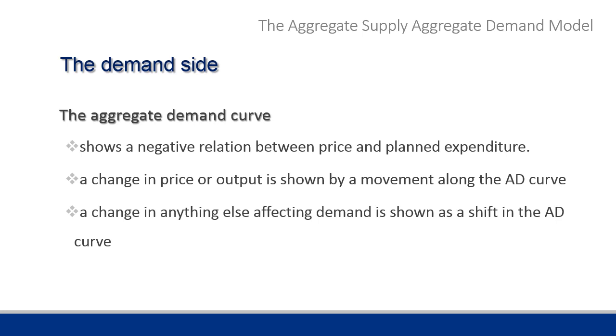It shows a negative relationship between price and planned expenditure. A change in either price or output is shown by a movement along the AD curve, but a change in anything else that's outside the model, any exogenous change, is shown by a shift in the aggregate demand curve.